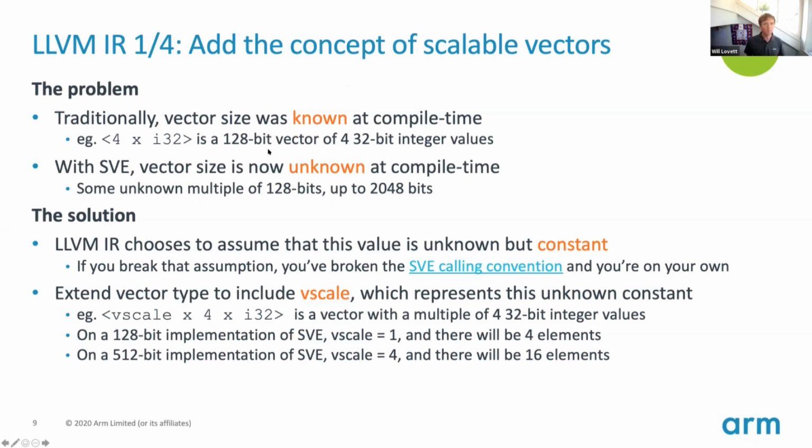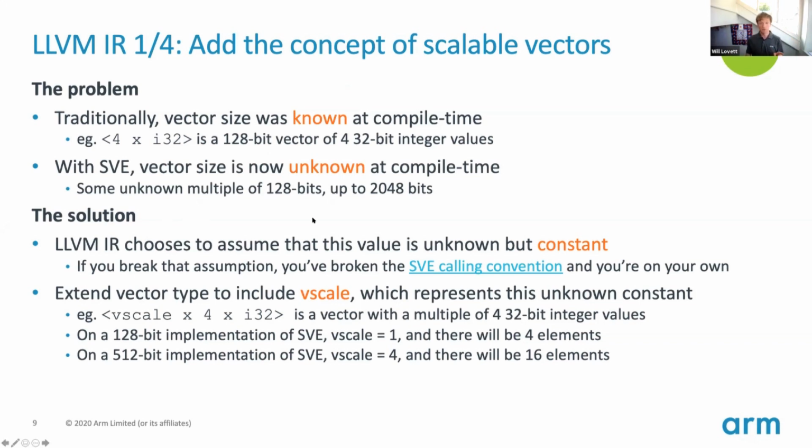Okay, so that's fine. But with SVE, your vector size, as mentioned, is unknown. So LLVM in the community have chosen to make an assumption that whilst unknown, that value is constant at compile time. So you don't know how big it is, but you know that it will stay the same for the unit of compilation you're thinking about at the moment. So, you know, the module.